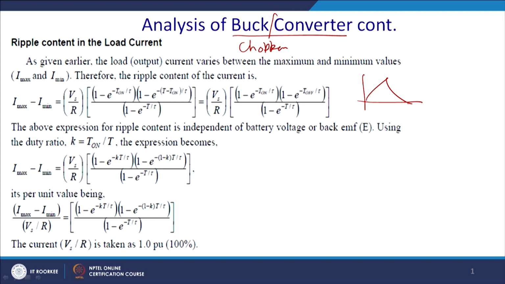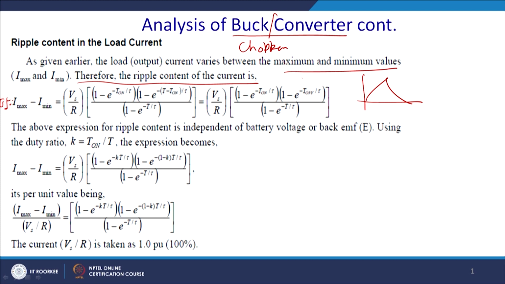Now, as we have talked about, the load current varies between the maximum and the minimum values. If I min touches 0, then we will say that it is in a critical conduction mode. Therefore, from the previous analysis we can write what should be the ripple, that is delta I, equal to I max minus I min.